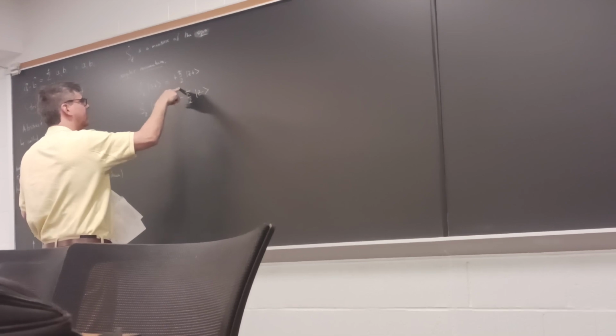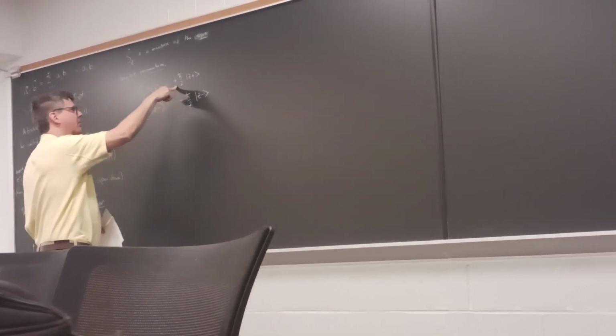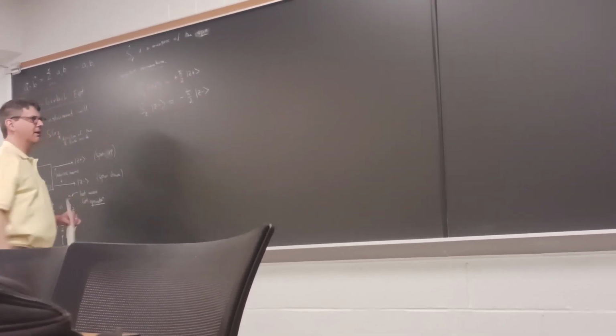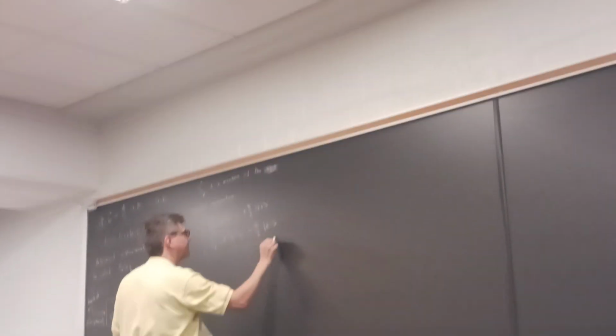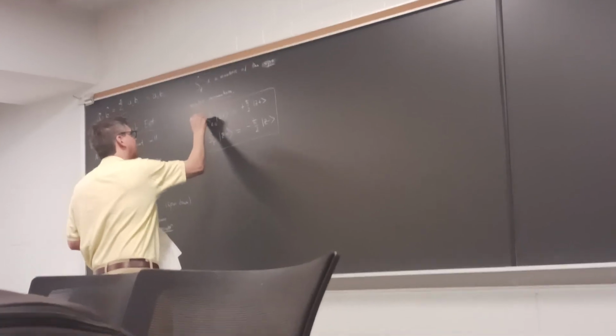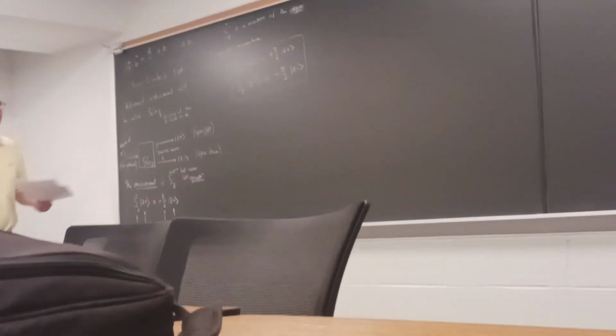So these ones have a positive spin angular momentum, the spin up ones, and these ones have a negative spin angular momentum. Okay, so those are an important set of equations.